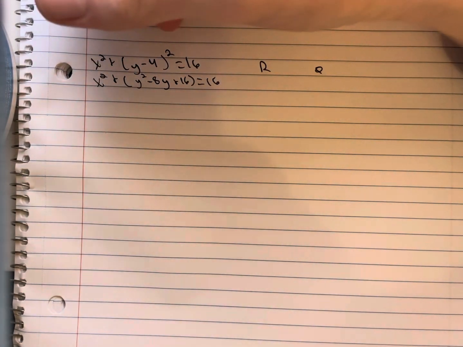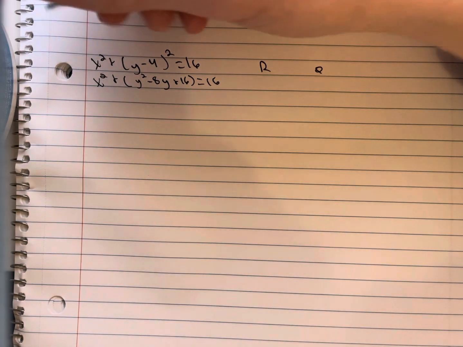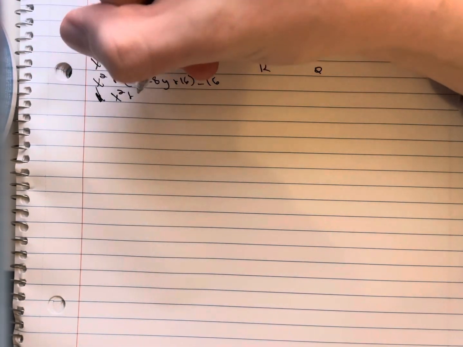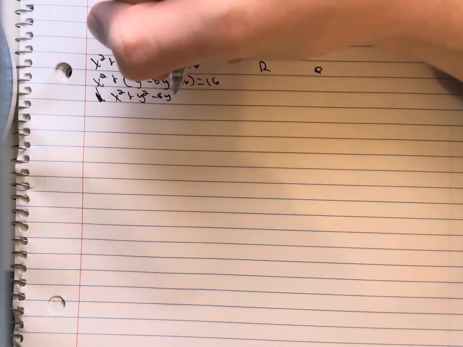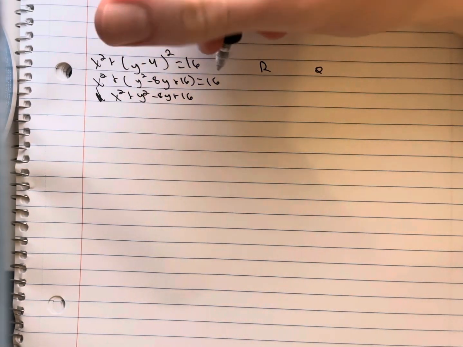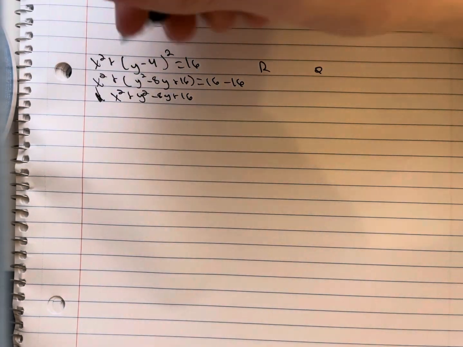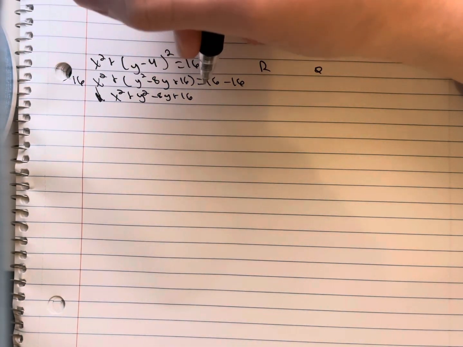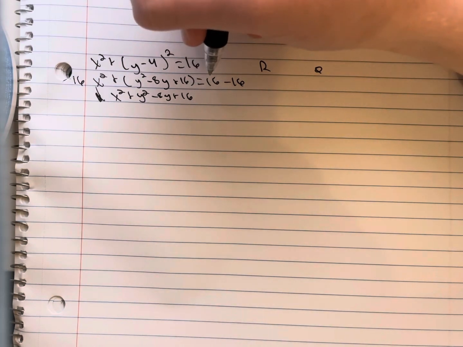All right. Okay, before we get there, we write this x squared plus y squared minus 8y plus 16. First thing we can do, we can subtract 16 on both sides. All right, and this is important because we want to get both sides equal to 0.